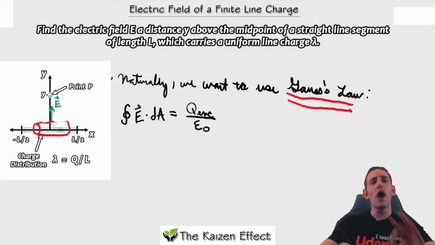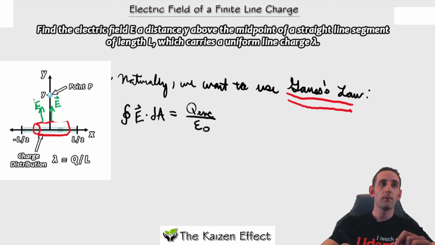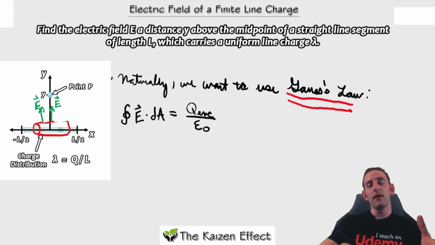So you only have a Y component, and furthermore, the electric field here, compared to maybe the electric field here, they're going to be equivalent. Basically, the magnitudes are going to be the same.